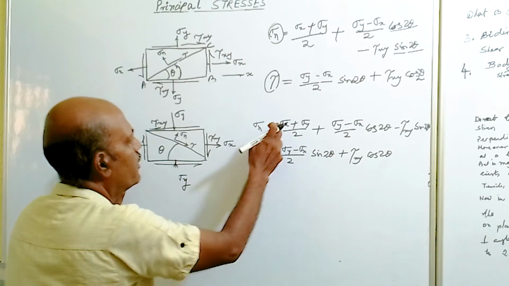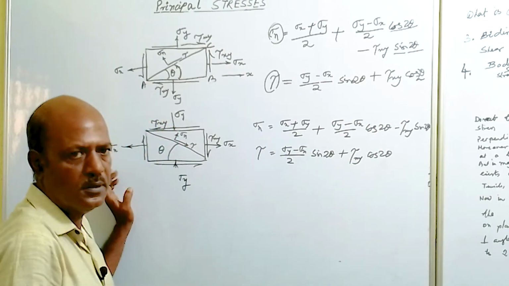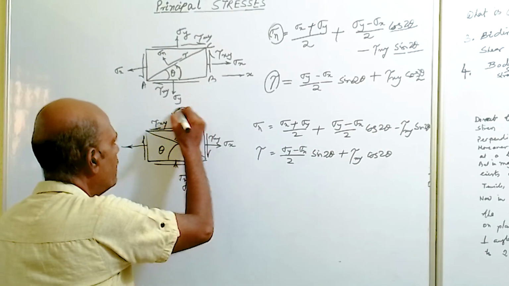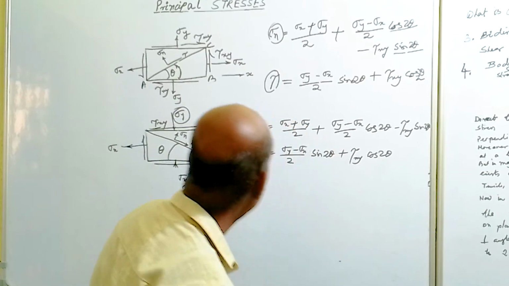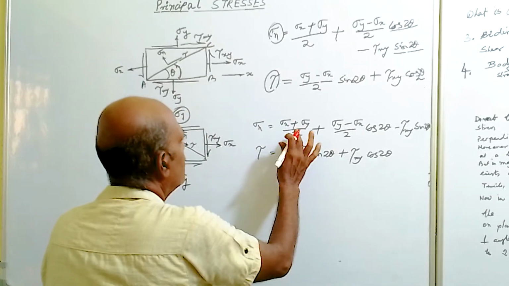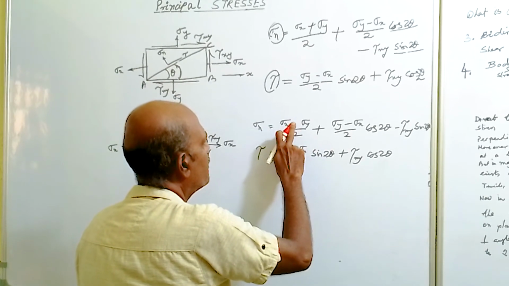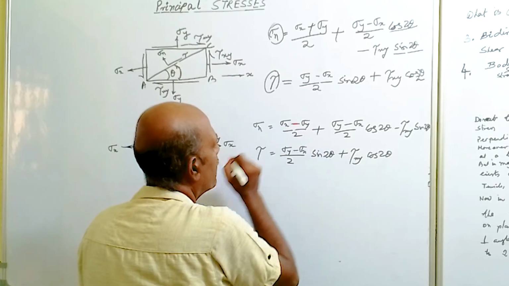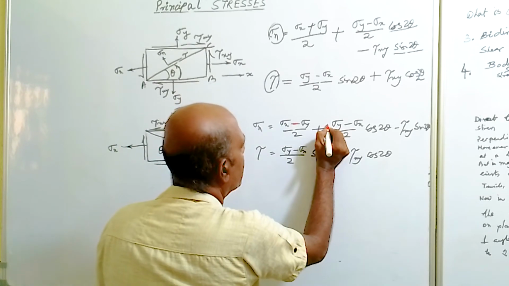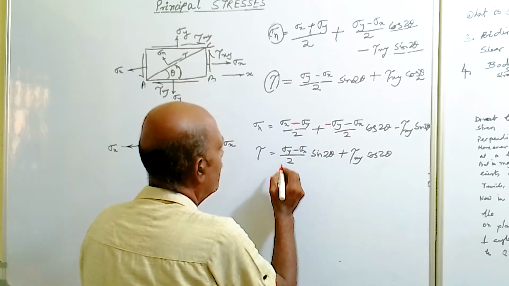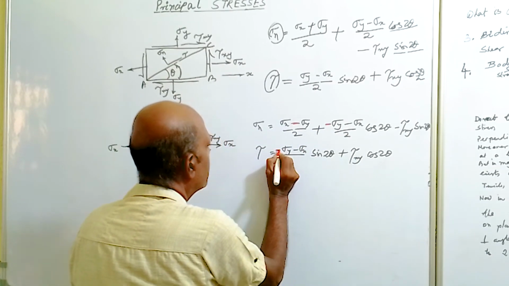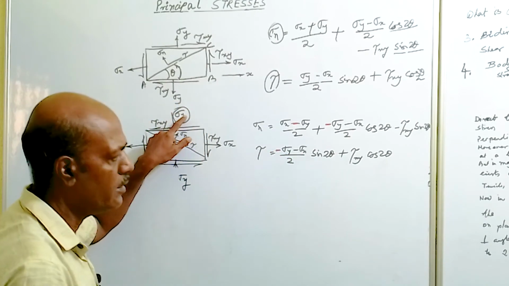Sigma x is positive, so no change. Sigma y is negative here, so instead of positive we'll write a negative sign for sigma y. Similarly, a negative sign will come here, and here also it will be a negative sign. So one amendment is done.